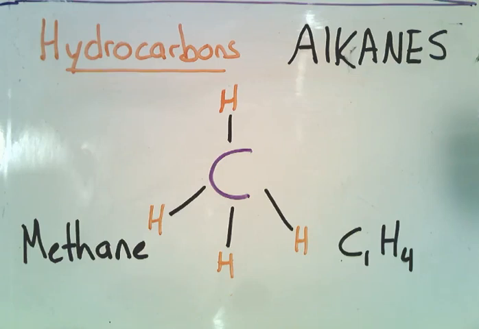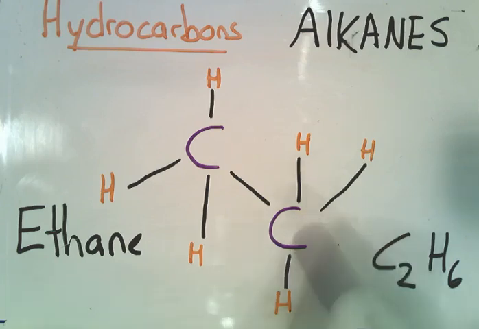Rather than using electron dot diagrams from now on, I'll use a structural diagram. And I've drawn it to show that it's a tetrahedral structure, so that 1 up and 3 down. This is the first in the series of alkanes, so I'll draw the next one for you.